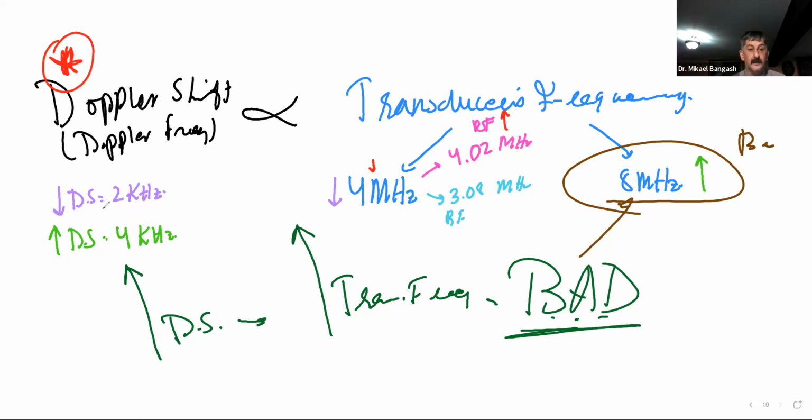In this instance, you are going to have a negative Doppler shift because the reflector frequency was lower. But it will still be a low Doppler shift.